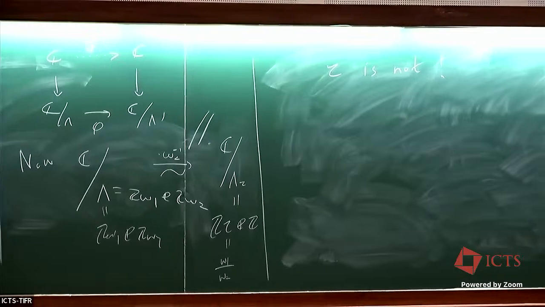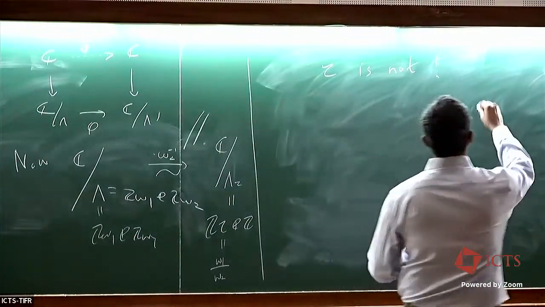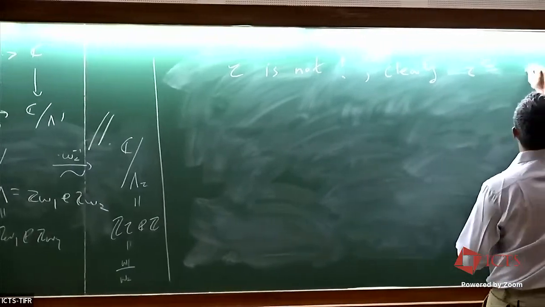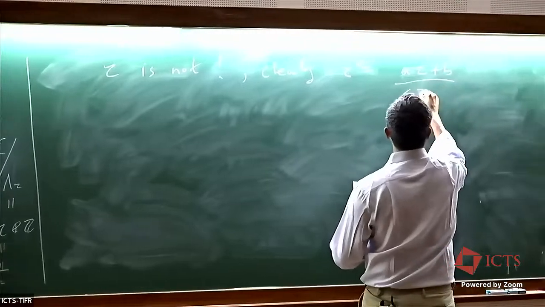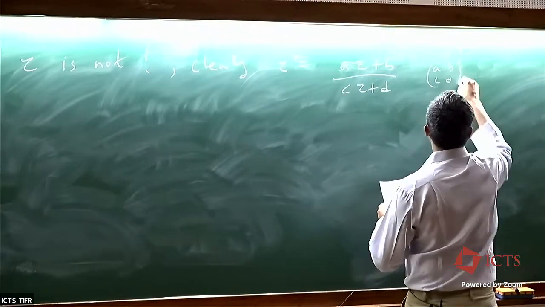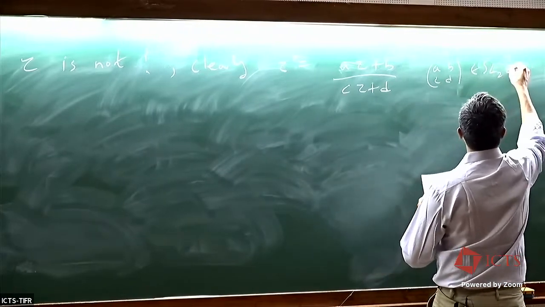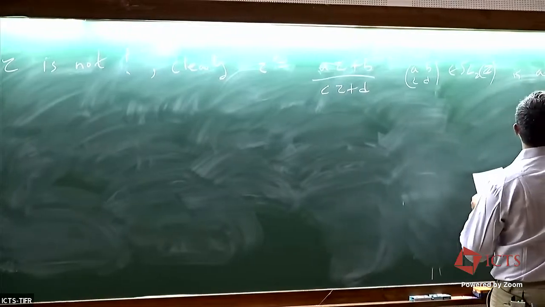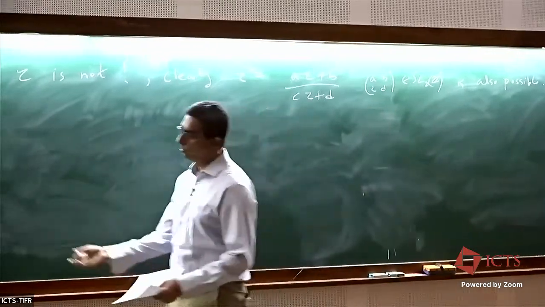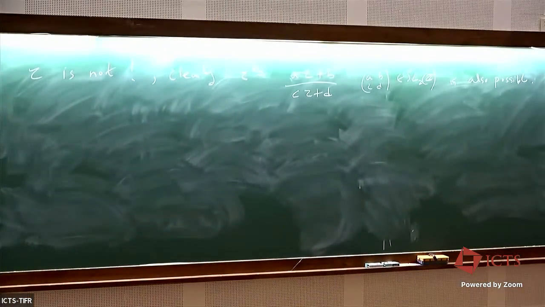So tau prime equals (A tau plus B) over (C tau plus D), with A, B, C, D belonging to SL2Z, is also possible. So you don't get a unique tau out of this. If you had chosen your basis in some other way, you would get another tau. You want a unique complex number, but you can't get that. You get something in the upper half plane modulo SL2Z.